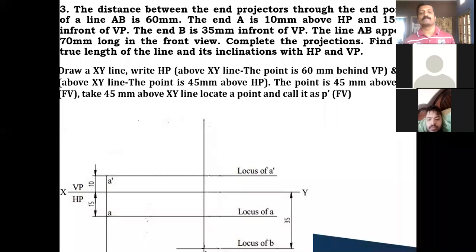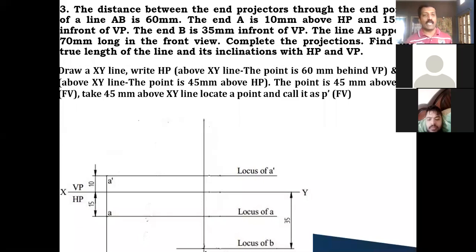After getting this locus of B, the end projector distance he has given is always measured perpendicular to the line. So if the line is like this, this perpendicular distance is given.